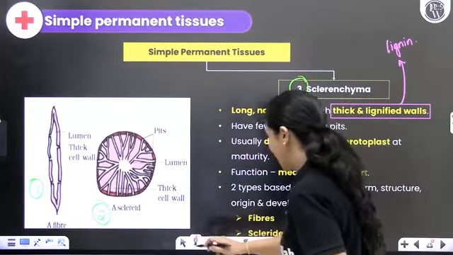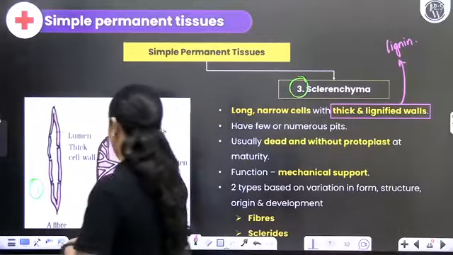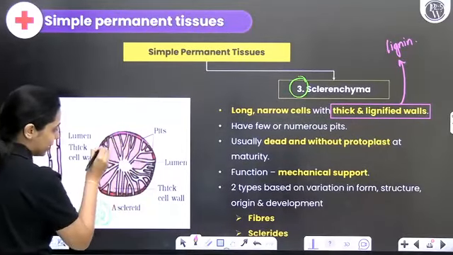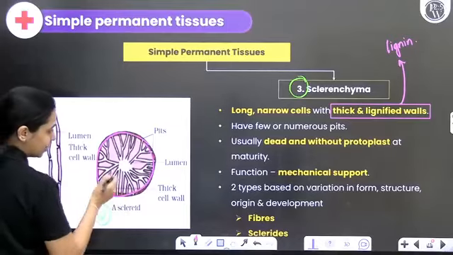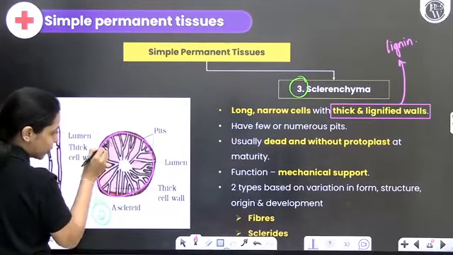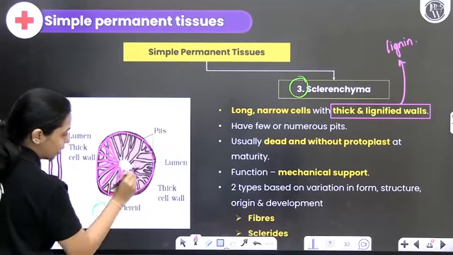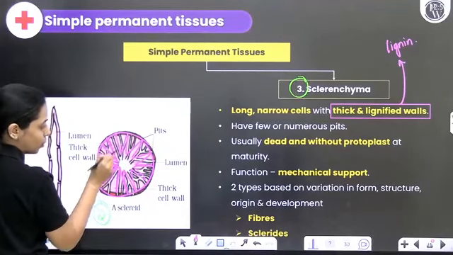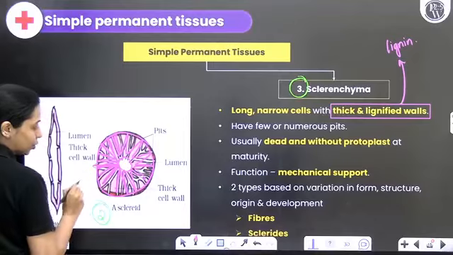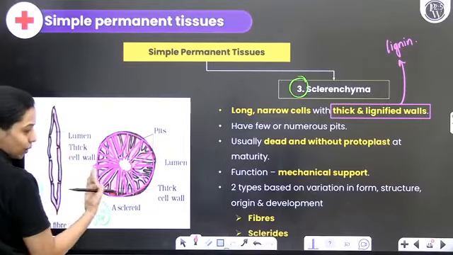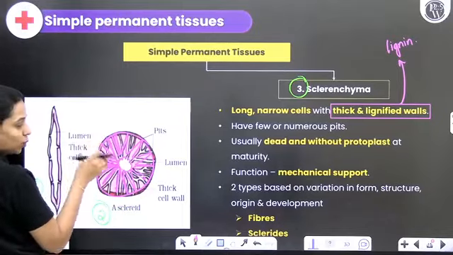So what basically happens here is, see, initially when the sclerenchyma cell is formed, it will be like this. The cell wall will just be this much. Eventually, lignin deposition starts, and this is how thick the cell wall will become. This entirely from here to here is the cell wall. So cell wall deposition happens on the inside and a thick lignified wall will form.